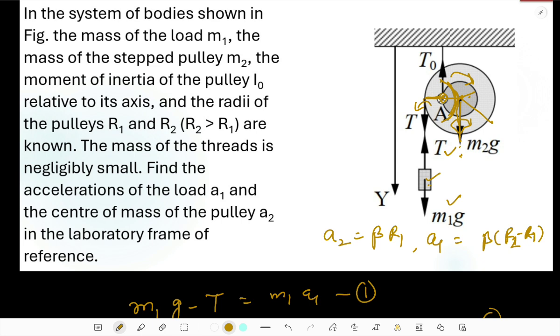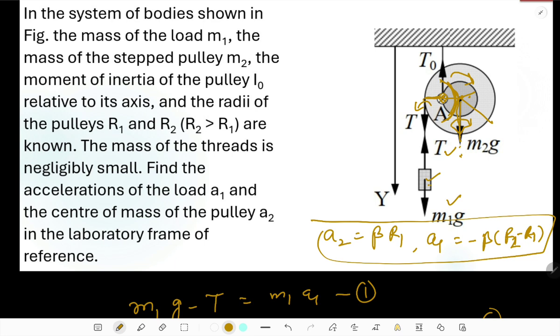This beta is negative here, because we have promised ourselves that all the angular acceleration in the clockwise direction we will take positive, and all the angular accelerations in the anti-clockwise direction we are going to take negative. So I am going to put a negative sign here: A1 equals minus beta (R2 minus R1). Is that correct? Everything I wrote down, everything correct. So these are the equations.